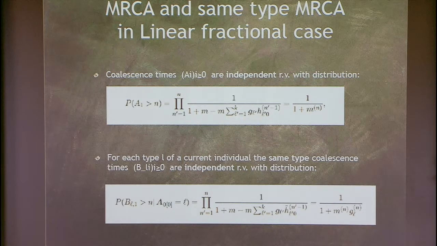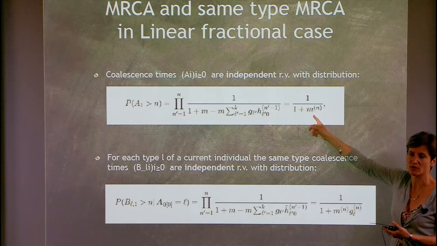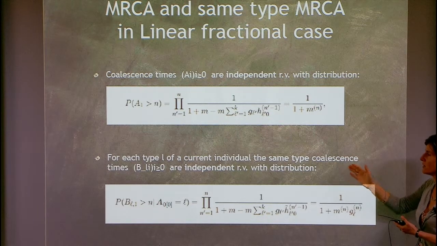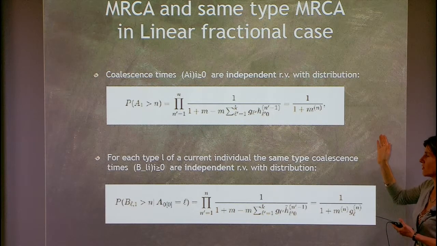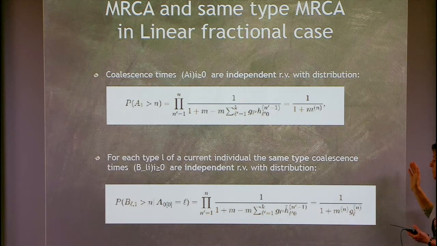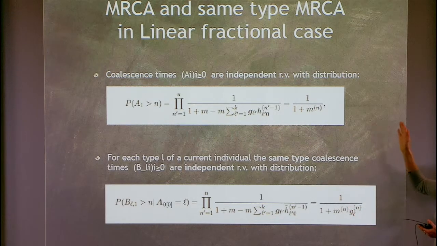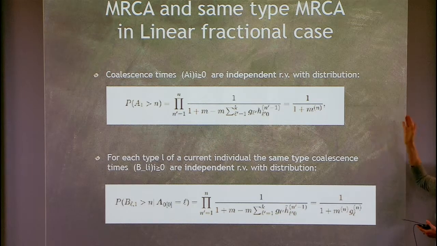So you get very simple formulas, with a single parameter that you computed using that matrix iteration. The same thing holds for coalescence times of same type individuals, except you depend on which type of individual you're looking for.